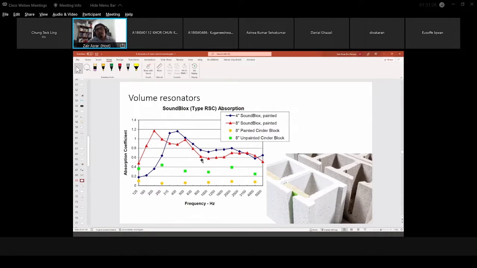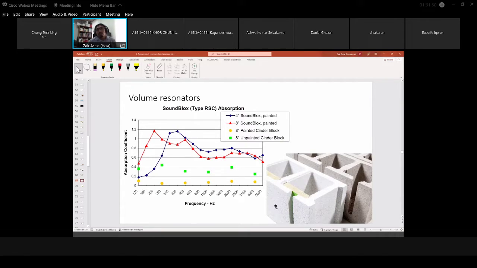We can go even further using the idea. Instead of using normal brick, we can also use this kind of fancy brick with some cavity inside. So here we have our opening, so we have A here, and then we have our length of the neck, and then we have the cavity.